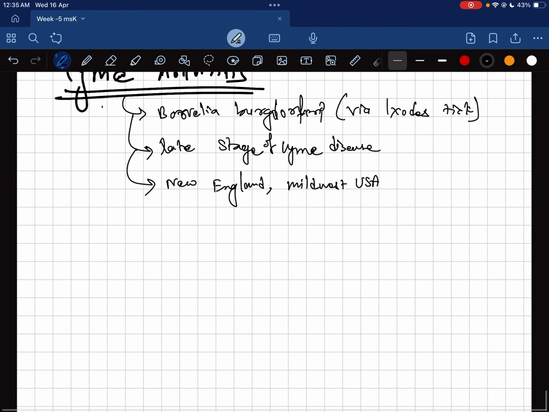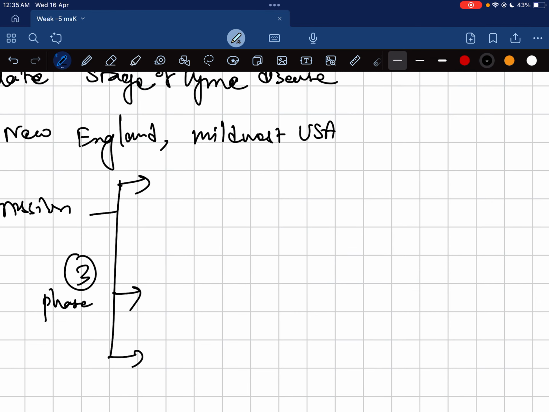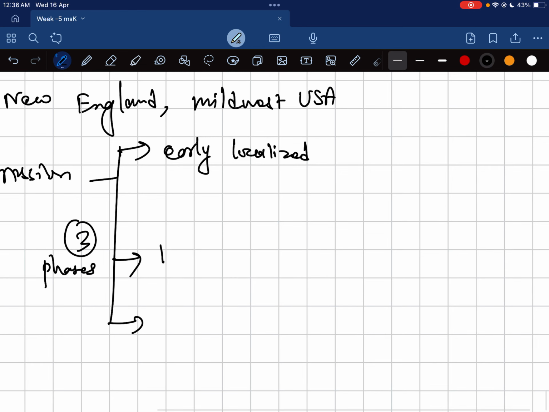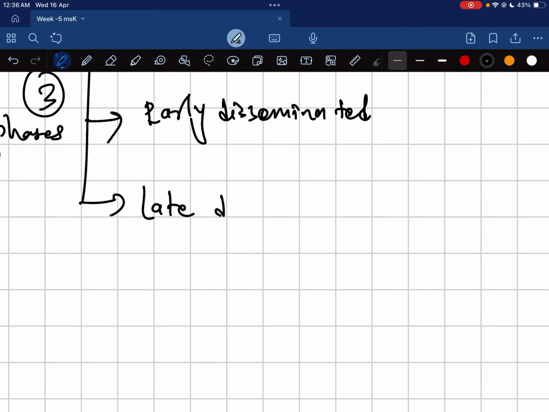When we look at the progression of this disease, there are three stages of progression, three phases: first early localized, then early disseminated, and then late disseminated.